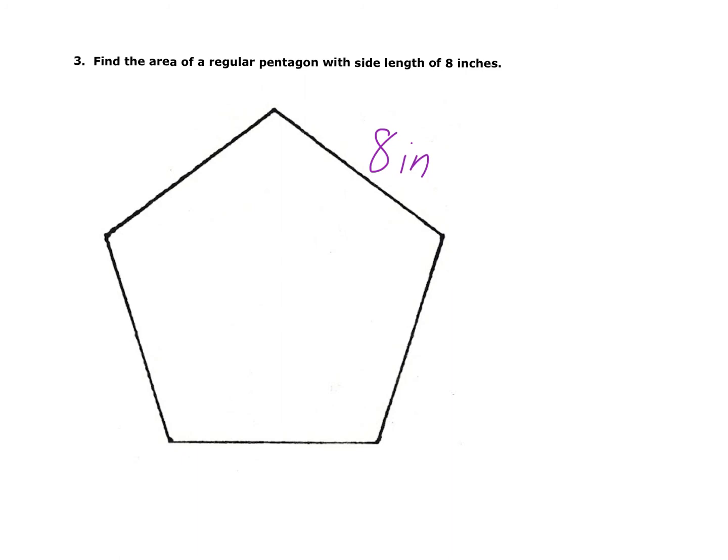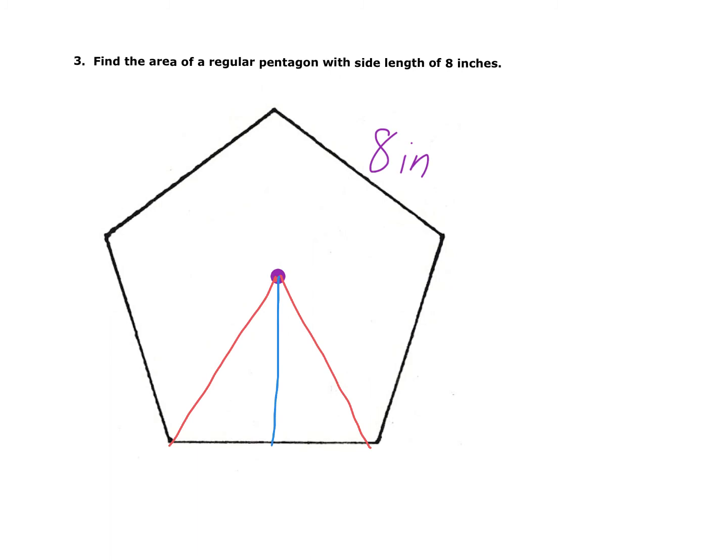So, first things first. Our central angle, put our center about there. We're going to draw out our little triangles. Triangle there, triangle completed. And we're going to have our apothem, put that in blue, there.